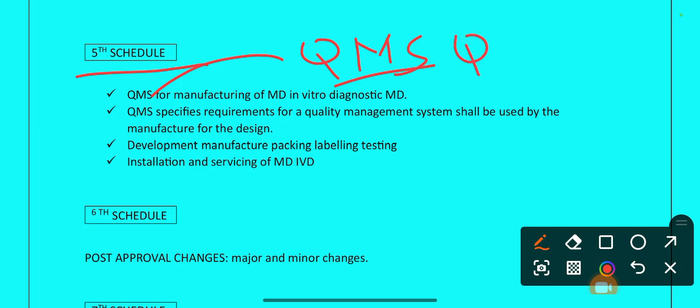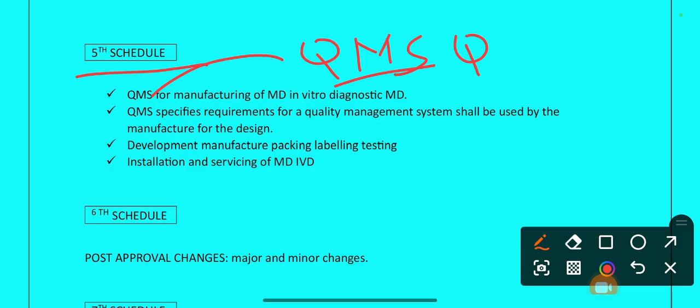Quality management system. You can simply say the fifth schedule in the Medical Devices Rules, 2017 specifies the requirements for the quality management system that a manufacturer must implement for all stages from design and manufacture to servicing.